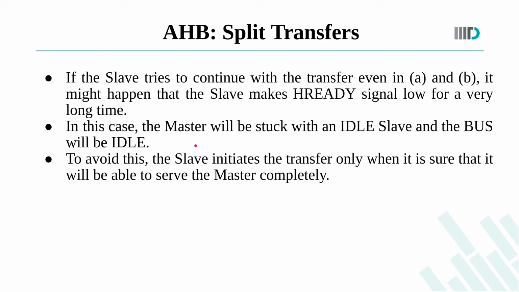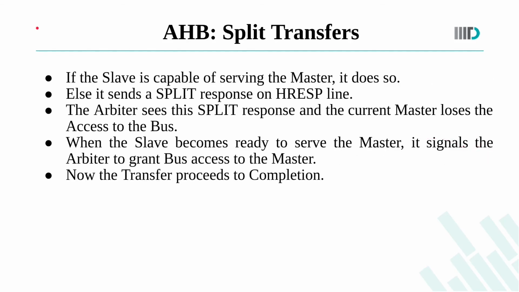And after that, when the slave is sure that it will be able to serve the master because it has the data that is requested, or it has enough memory to store the data, the slave sends a split response to the master saying that the slave is now ready.